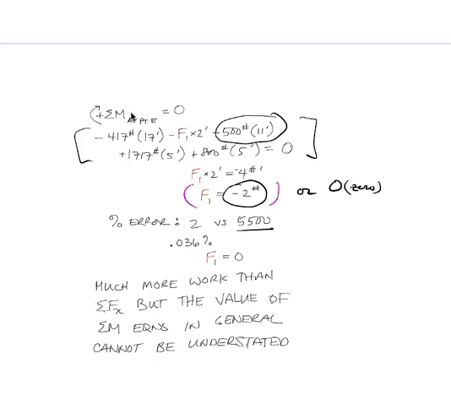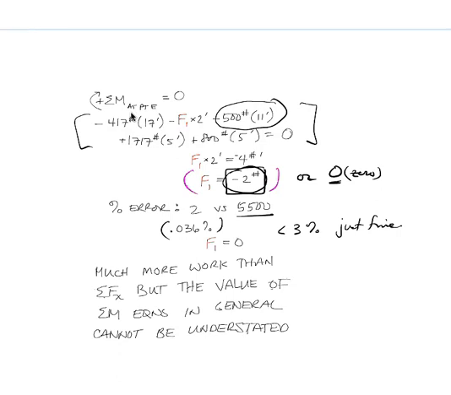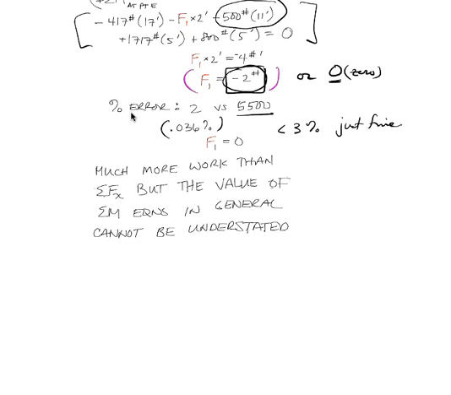And if we do the percent difference calculation, we end up with much less than 1%. Again, in engineering, anything less than 3% is really just fine. So this is insignificant. So whether or not we say that F1 is equal to -2 or it's equal to 0, either answer would be acceptable. Here clearly 0 is the more correct answer because of some of the forces.